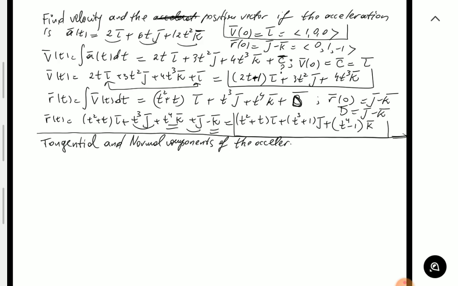There is a relationship between the acceleration and the unit tangent and unit normal that is interesting in the sense that it can give you a quick insight into how these vectors look depending on the type of motion that you have at hand.